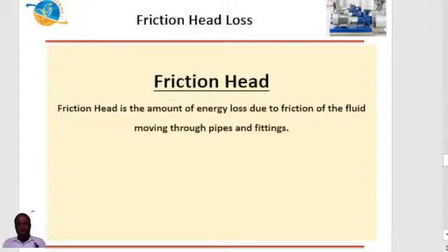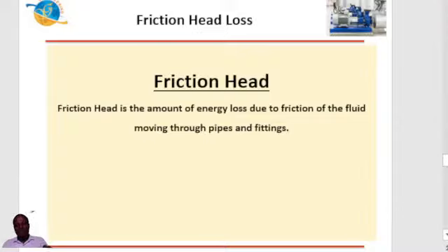So by the time you are selecting a pump for any given application, you have to take into account the possible frictional head loss in that system. So in a system where there is flow, I told you the total head is the difference between the discharge head and the suction head.